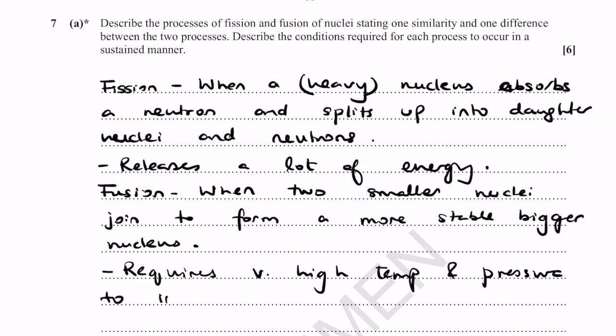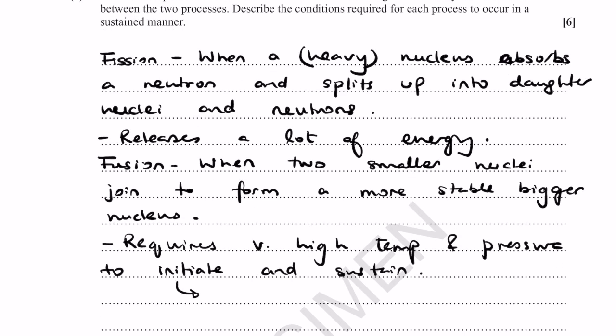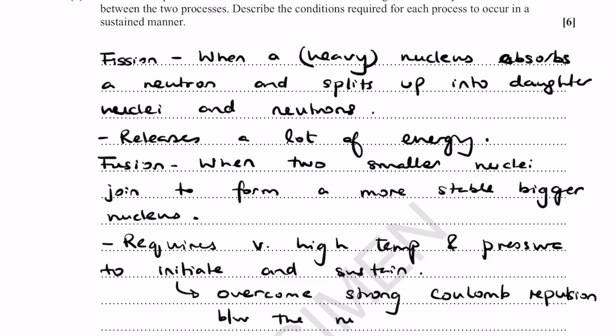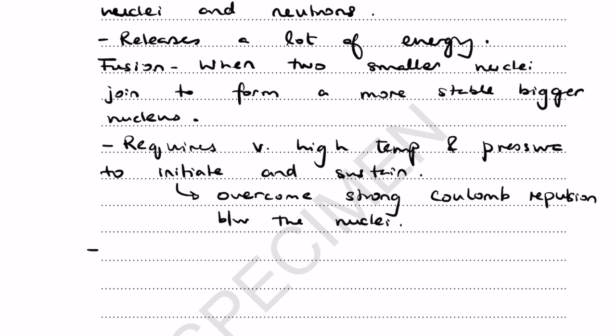So you need high temperature and pressure, obviously, to overcome the strong electrostatic forces of repulsion between the nuclei. And this process releases a smaller amount of energy compared to fission.